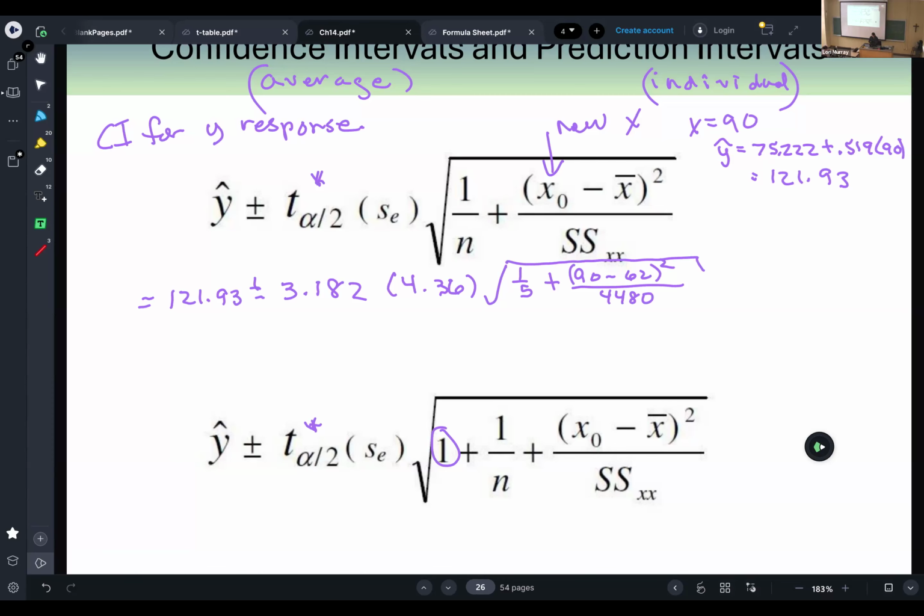So let's boil this down. I'm going to see if I can boil it down to a lower and an upper right out of the gates, just for space here.